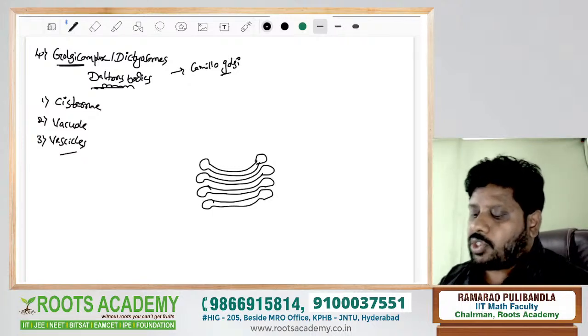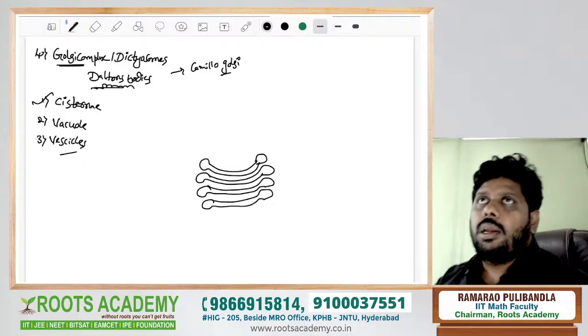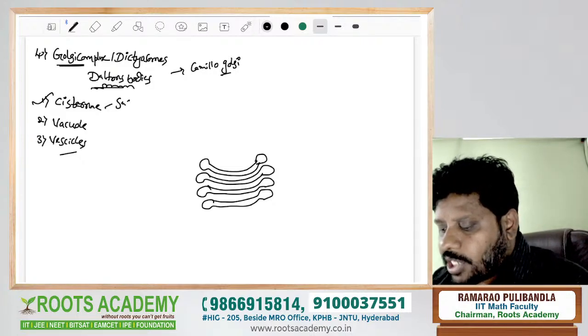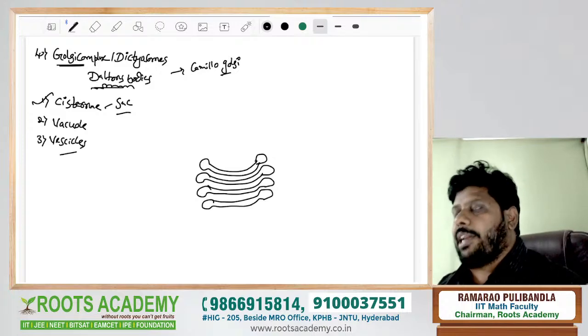See, in the structure of Golgi, sac-like structures are present, sac means bag-like, like in this diagram.